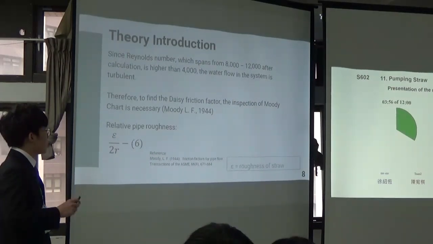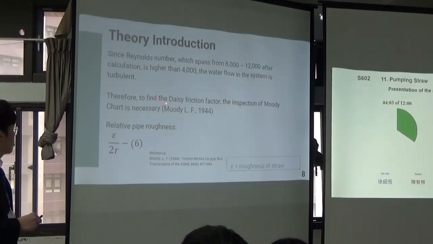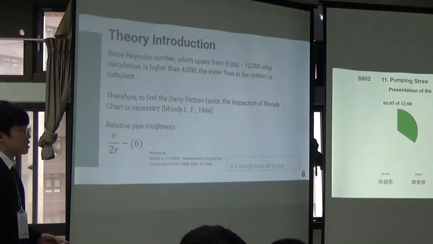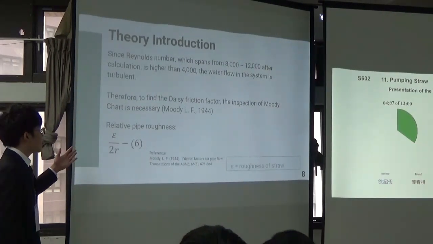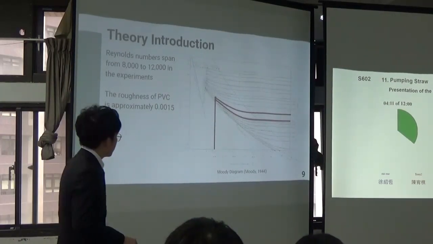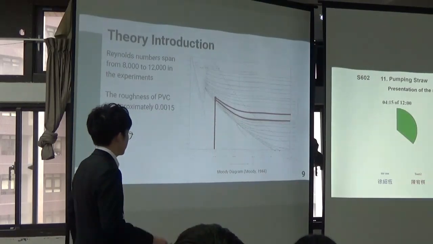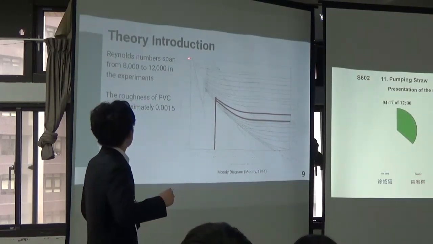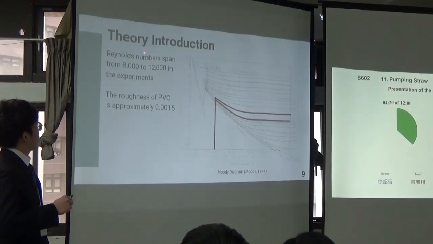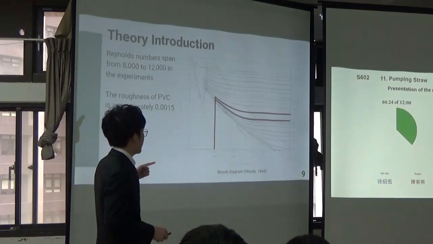And if they are turbulent, to determine the basic friction factor, we have to inspect the Moody chart. The y-axis of the Moody chart is the relative pipe roughness. So this is our Moody chart. Well, the brightness of the image is pretty weird. But as we can see, the Reynolds number spans from 8,000 to 12,000, and is the x-axis.